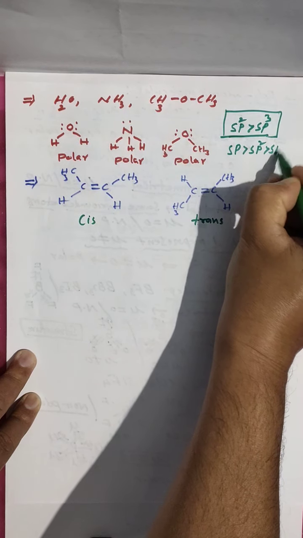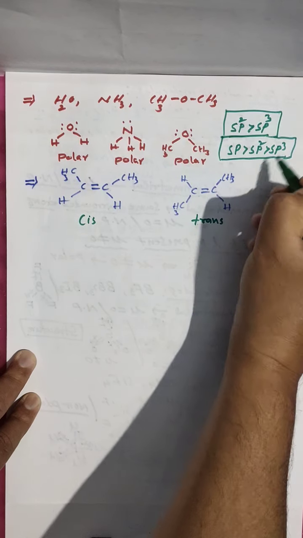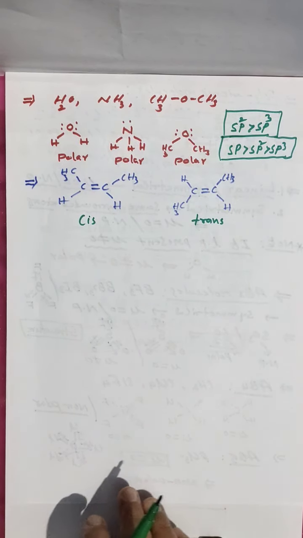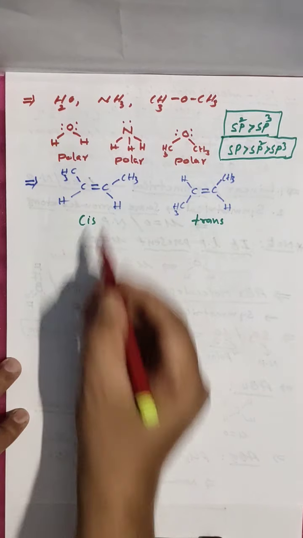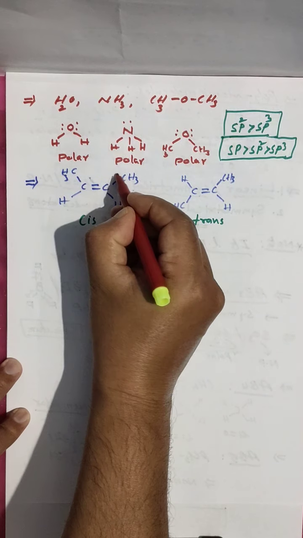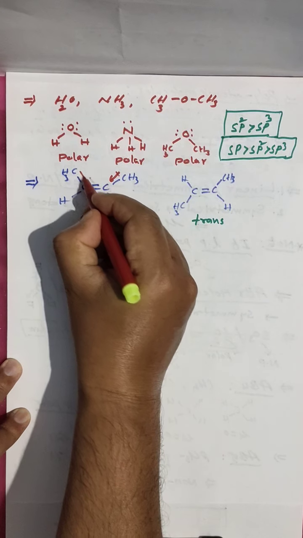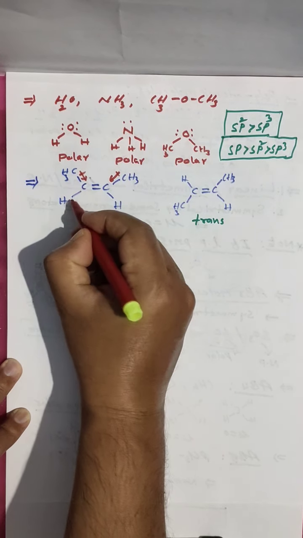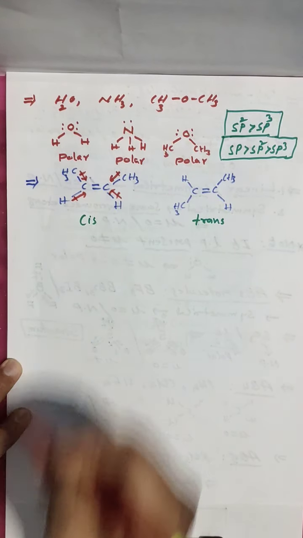This is the order you have to remember, because the more the s character, the more the electronegativity. So this is more electronegative, this is less electronegative. So electrons move less to more, here less to more, here less to more, and here less to more.